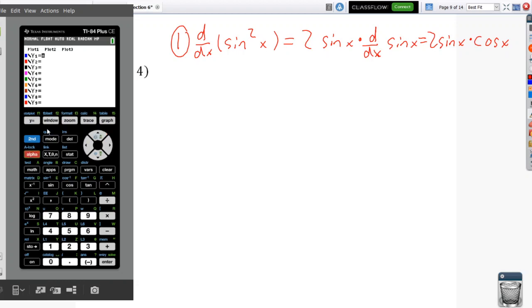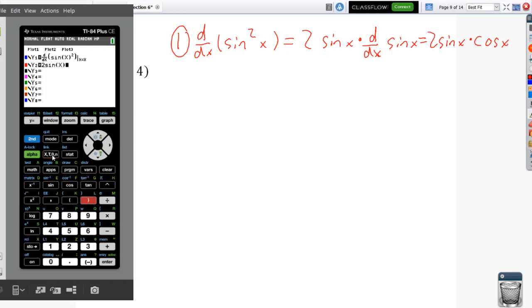We ask the calculator to differentiate the original function, d dx of sine of x squared, and we should remember from trig that that's how we actually have to put in sine squared into our calculator, because our calculator, again, is a dum-dum. Then we put x. So basically I'm asking the calculator, what does the derivative of this look like? And in y2, I type in what I think it looks like.